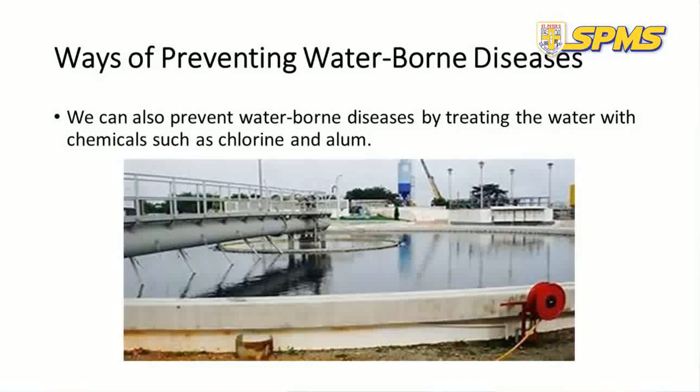They use chemicals. So they use certain chemicals in making the water safe. Chemicals such as chlorine and alum. You can also use alum at home to make all the dirt in the water settle.